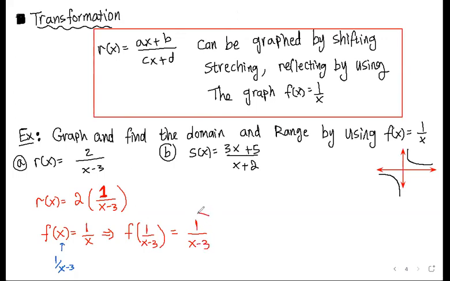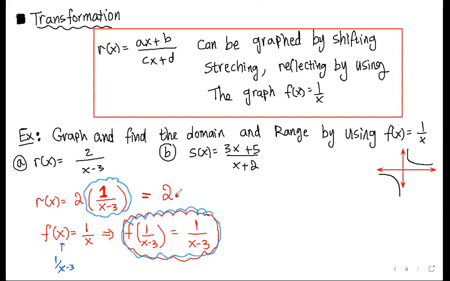So now I can represent this instead of these things here. So r of x equal right now 2 times f of x minus 3.